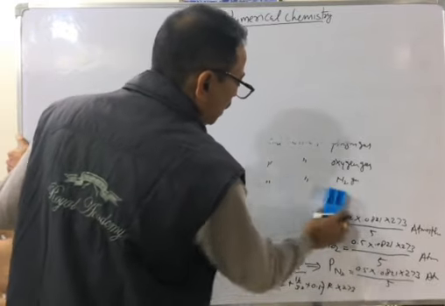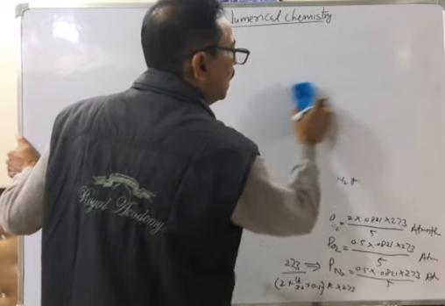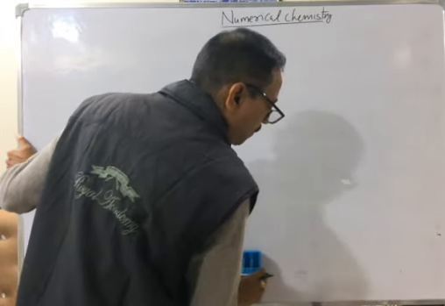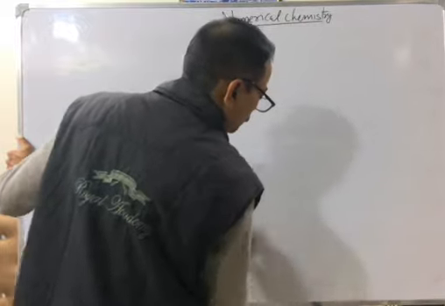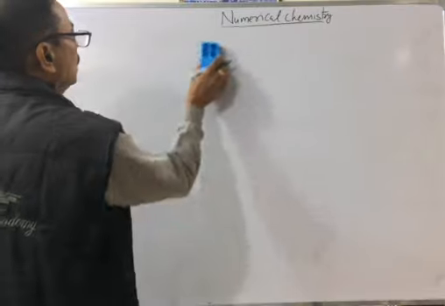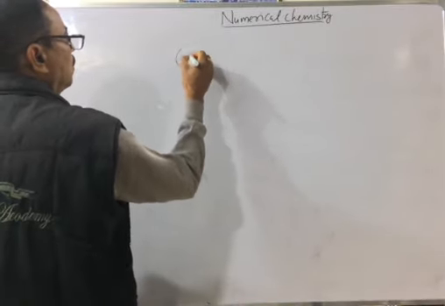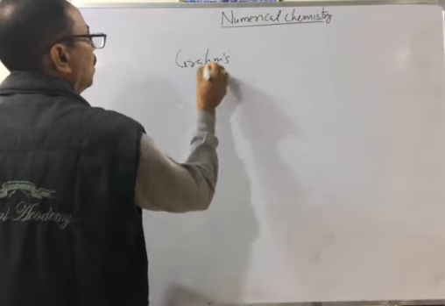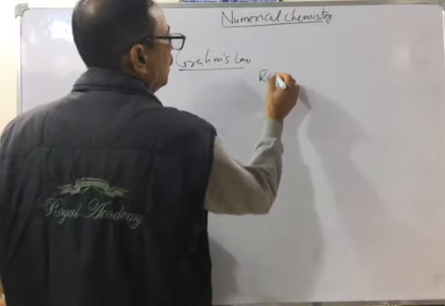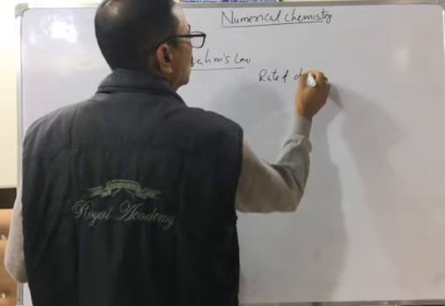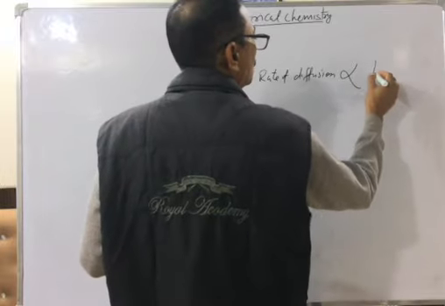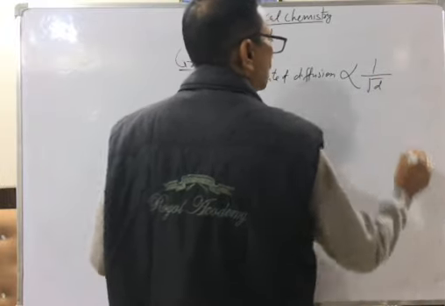Graham's law says that the rate of diffusion of any gas is inversely proportional to the square root of the density of the gas.